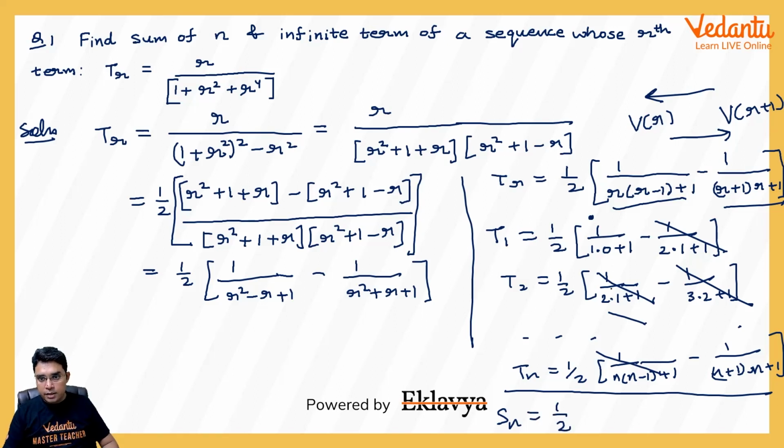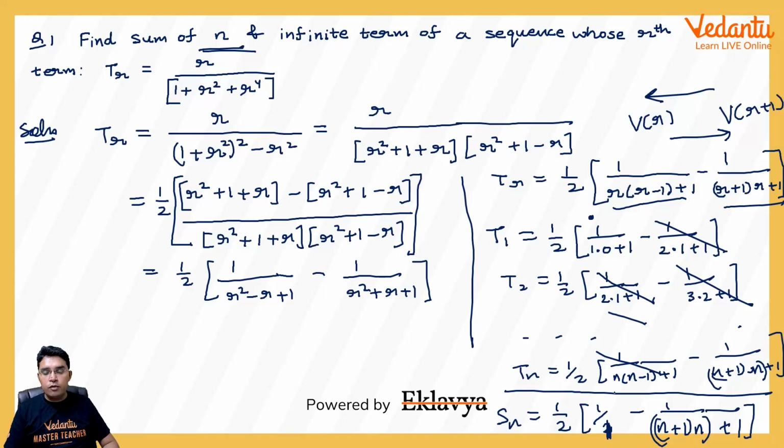I think here we are getting 1 upon 2, not 1 upon 2, it is 1 only. 1 into 0 is 0, 0 plus 1, so 1, and minus 1 upon, yeah, this is correct, this will be n plus 1 into n plus 1. There will be a bracket here also. I hope you understand this. So this is the answer for the sum of n terms.